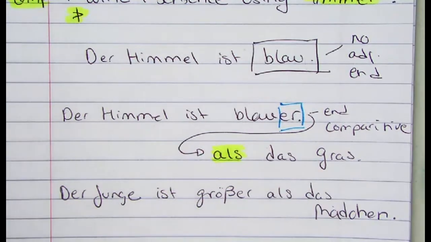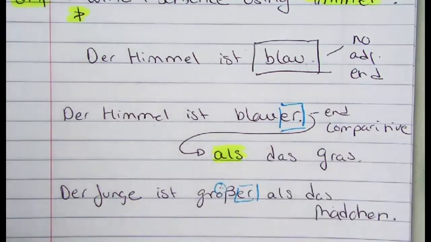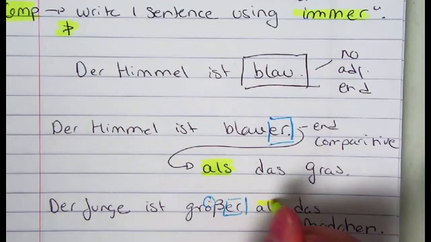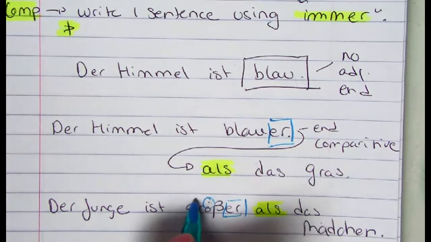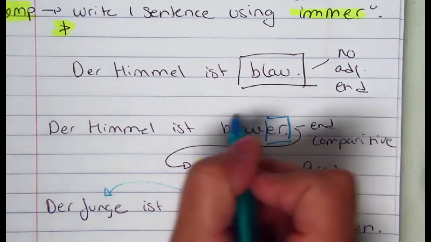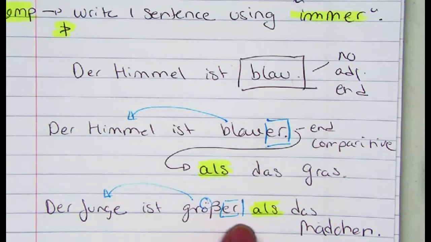So we've got our comparative form, in this case ER and umlauts. We have our als, and of course it is referring back to der Junge, so it is not preceding the noun that it's modifying. So again, this would be a predicate adjective. You're not going to add additional adjective endings.